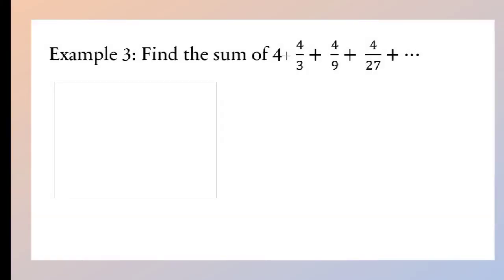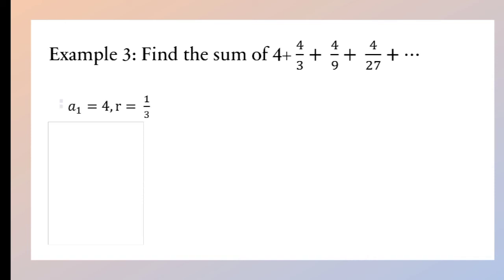For our example number 3, find the sum of 4 plus 4 over 3 plus 4 over 9 plus 4 over 27. It is an infinite geometric series, so we are going to use the formula for infinite geometric series. As we did before, we are going to list down the given first.